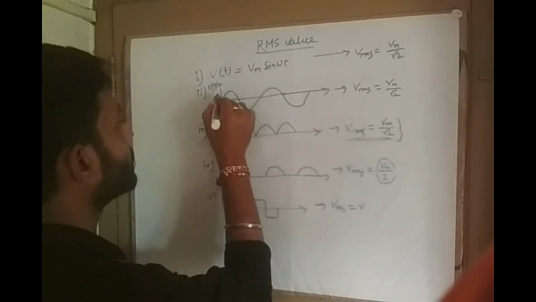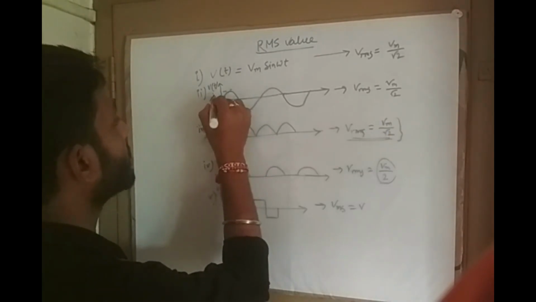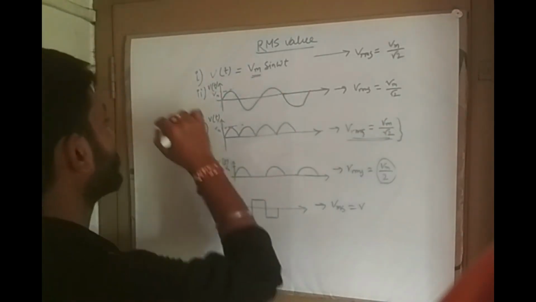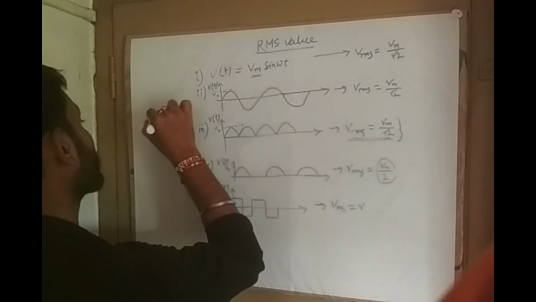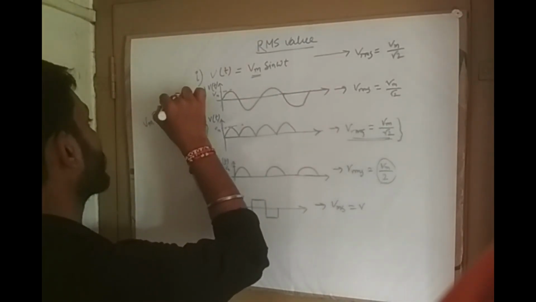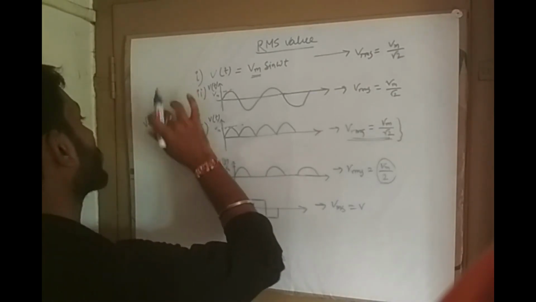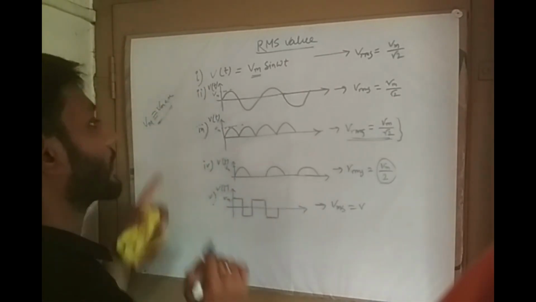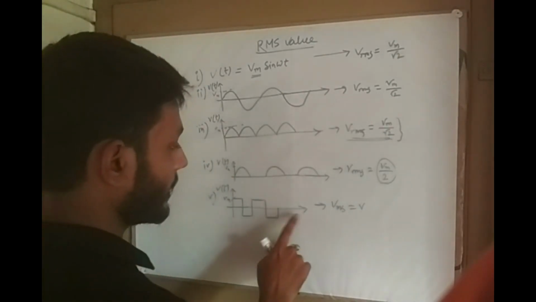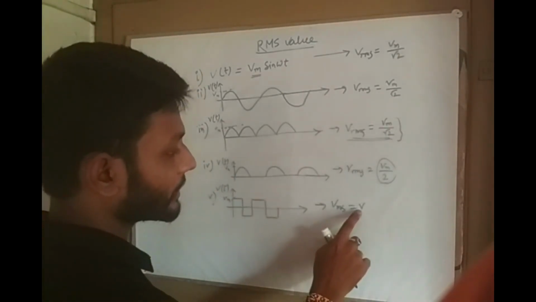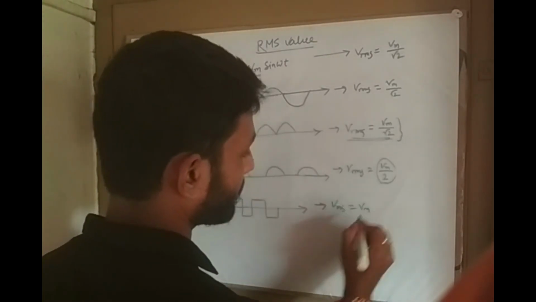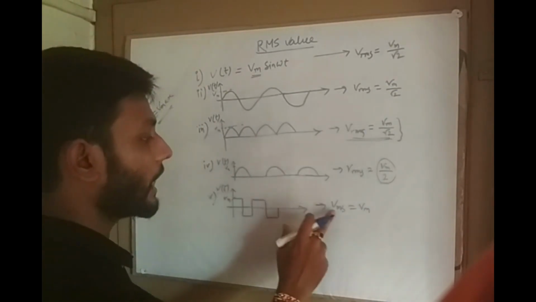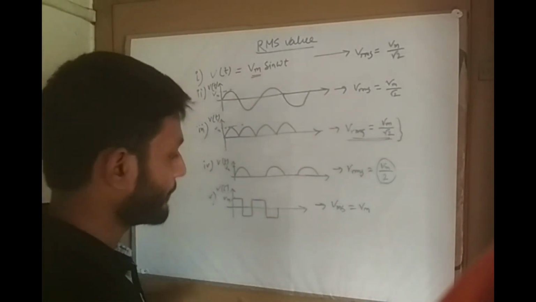Vm is nothing but the V maximum. Here, Vrms equals Vm, V maximum. Whatever the V maximum value is, the RMS value will be the same.